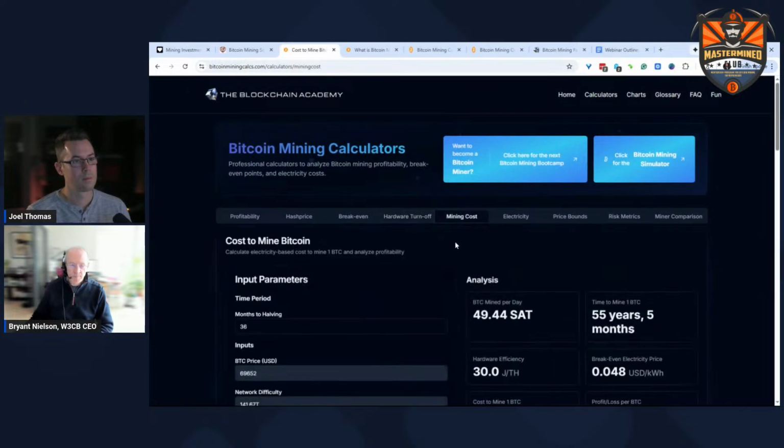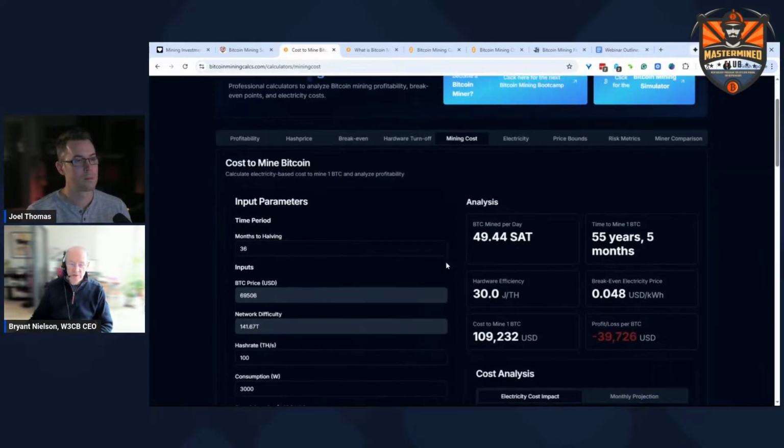Of course, there are some parameters in terms of the cost to mine Bitcoin. So, what is the remaining time to actually do this? I should make this one update automatically. We're looking at 26 months currently.